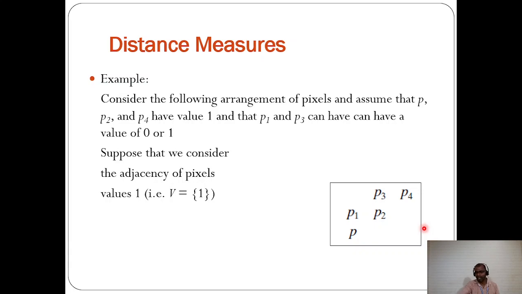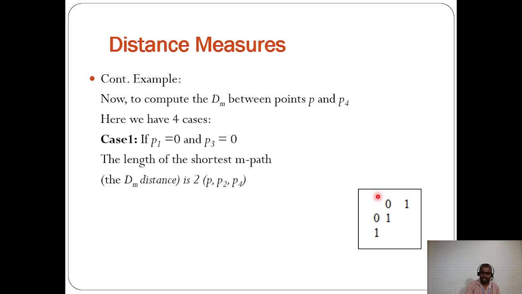If you want to calculate the distance, take P, P1, P2, P3, P4 as some pixels, where the values of P2 and P4 are 1. In one case, the values of P1 and P3 are 0, and we calculate the distance from P to P4: P, P2, P4 are all ones and are connected.